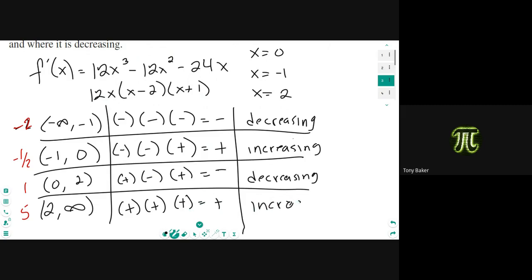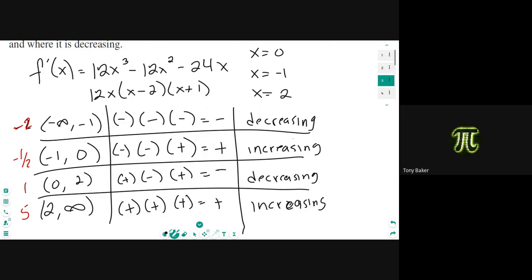Increasing. Okay? That's all you're doing to determine if something is increasing or decreasing.